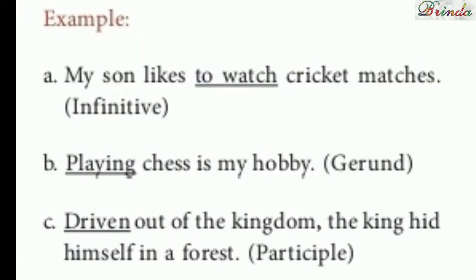Example, my son likes to watch cricket matches. This is infinitive, to infinitive. Next one, B. Playing chess is my hobby. Here it is gerund. இங்க playing வந்து யாரும் விளையாடல. இங்க ஒரு actionே காமிக்கல. Noun பாதி, verb பாதி, that is called as gerund. Next one, C. Driven out of the kingdom, the king hid himself in a forest. So here this is participle.